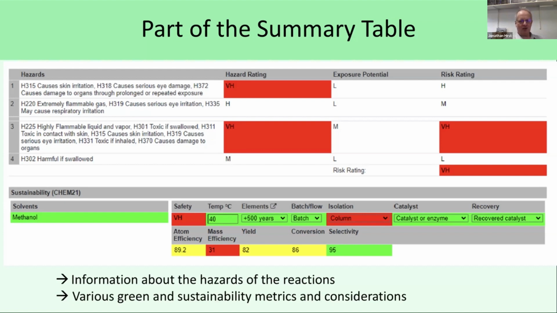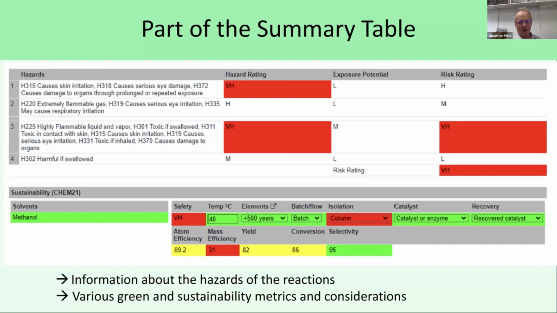And then once the chemistry's done, the chemist comes back to the ELN, updates information on yield, for example, and all the remaining metrics are computed and color-coded on the typical red, amber, green. If you don't like those colors, or for some accessibility reason, you can choose your own color scheme.